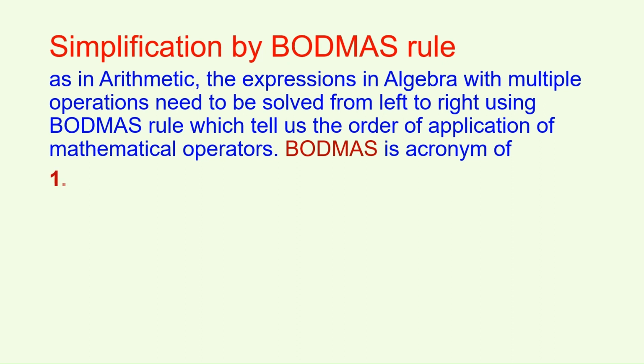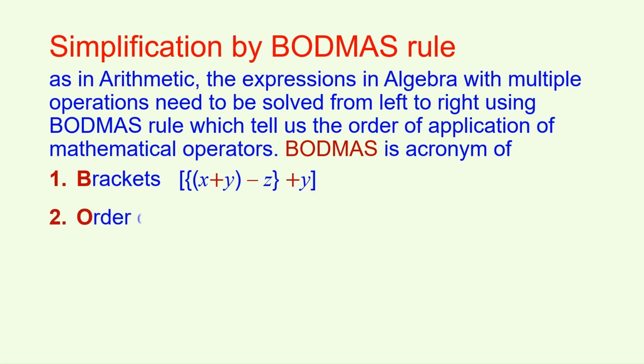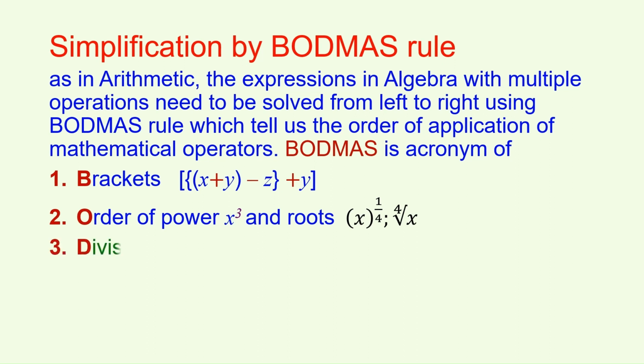BODMAS is an acronym: B for brackets, x plus y minus z plus y. O for order of power, x cubed or x to the power of 3, and roots like fourth root of x. D for divisions, x divided by y.